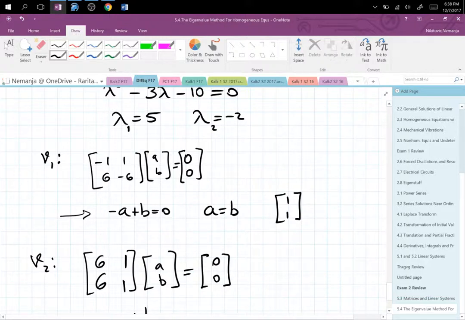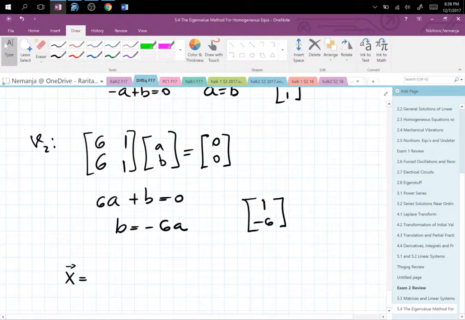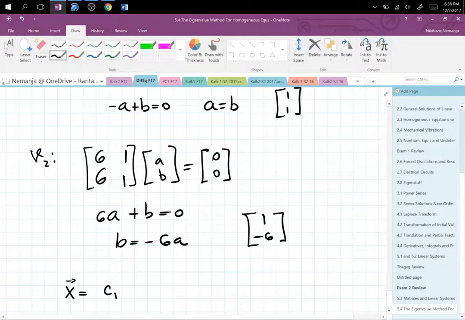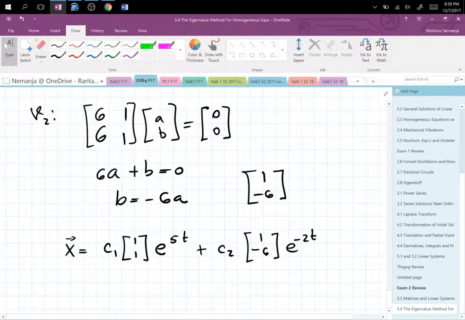So a is equal to b. You pick either a or b, and then the second one has to be from the equation. So now I have c1 times 1, 1 e to the 5t plus c2 times 1, negative 6 e to the negative 2t. And there it is.